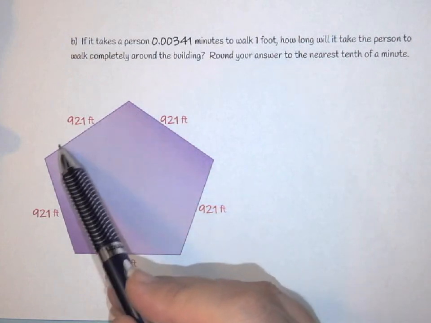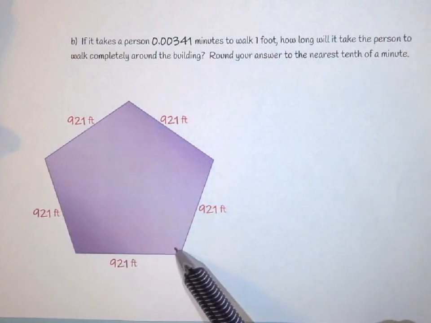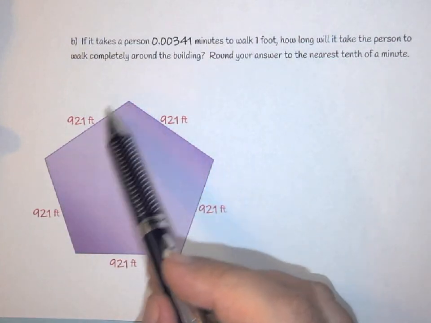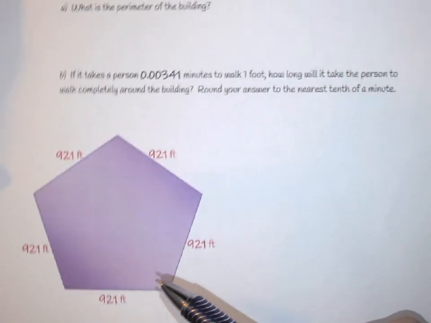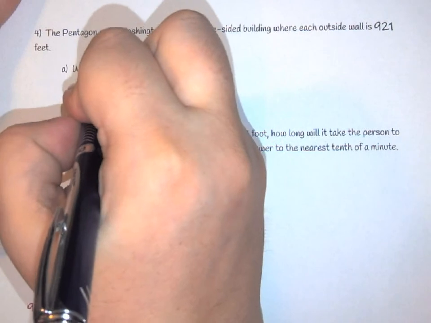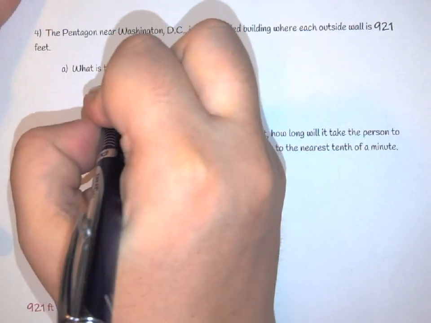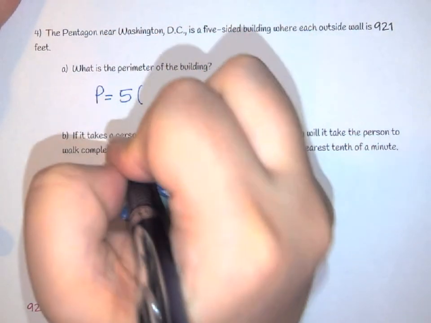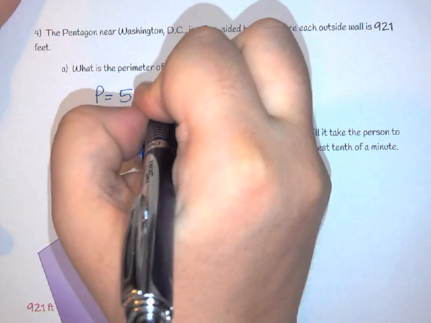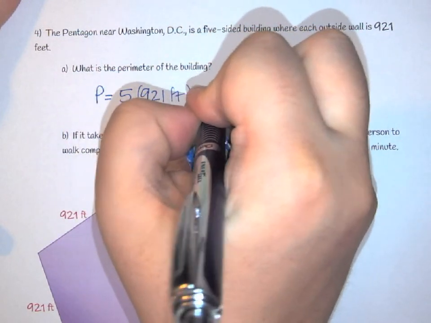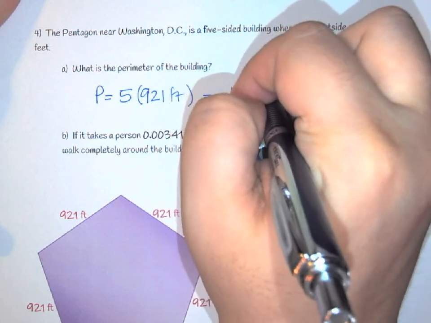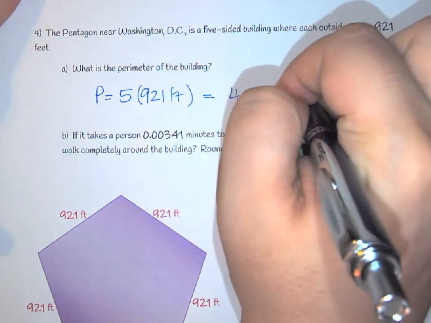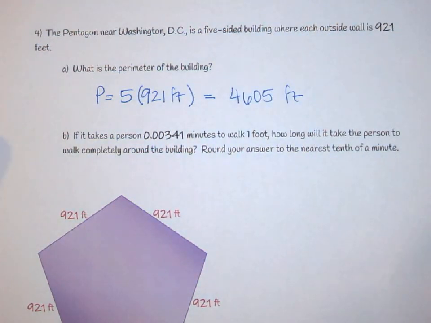When we're talking about the Pentagon, there's many ways to draw a pentagon, but this one particular has all equal side lengths. Therefore, to find the perimeter, we're going to take 5 times the 921 feet, and that's going to give us a total perimeter of 4605 feet around the building.